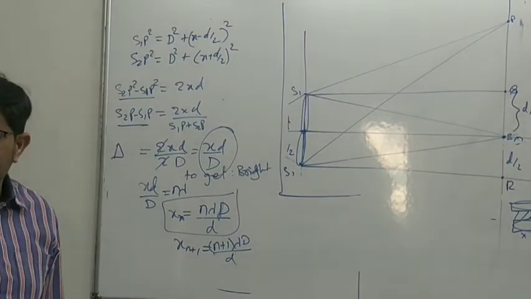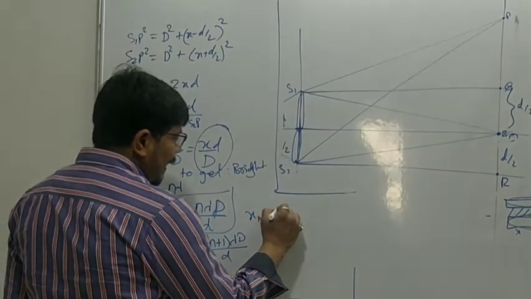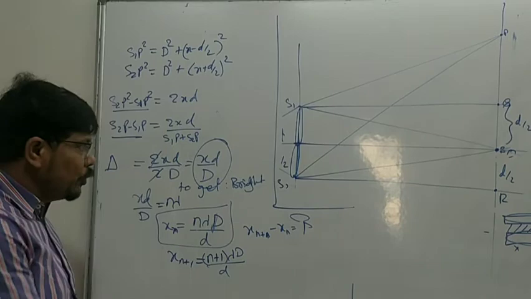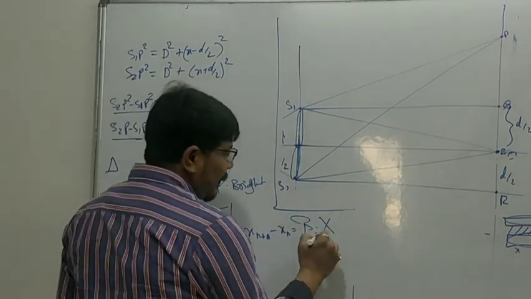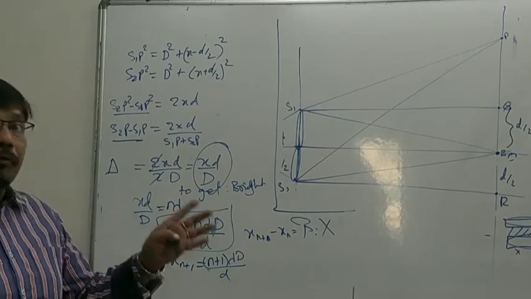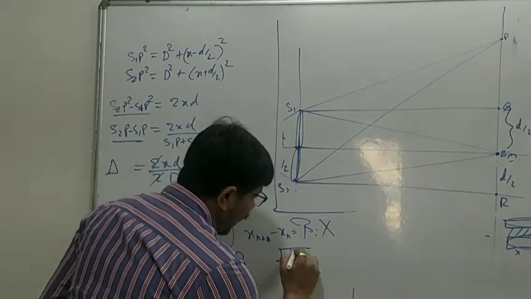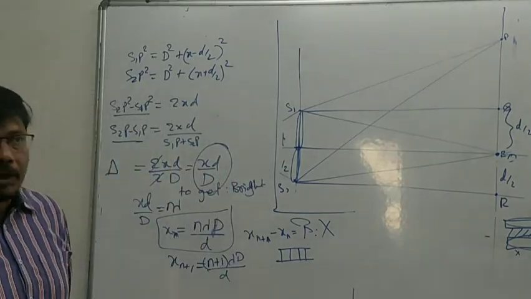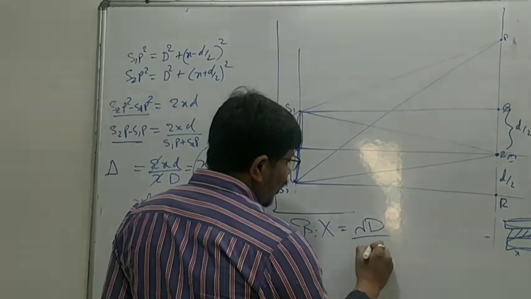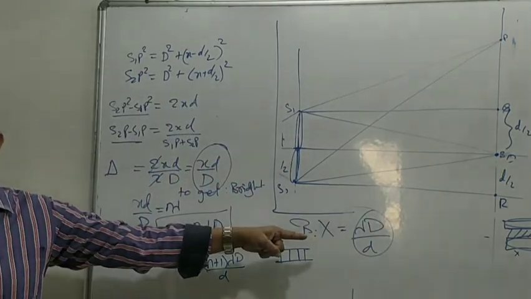Subtract them: xn plus 1 minus xn. This is called fringe width. In your books, you can find capital X also, or beta. This is the fringe width, how much width a bright or dark fringe has. That will be lambda capital D upon small d. You subtract them and you will get this answer.